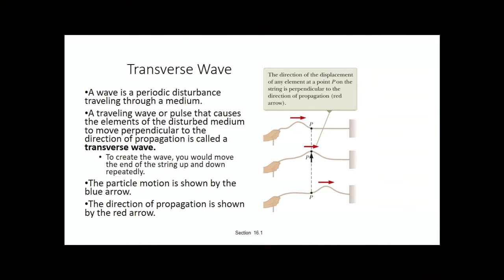So the pulse is a transverse wave. We see that vertical displacement back and forth. But look at what happens with the motion of this point on the string. As the pulse goes through it, this point is going to move up and down, very much like that simple harmonic motion that we saw with our spring or with the pendulum or with a number of other things.